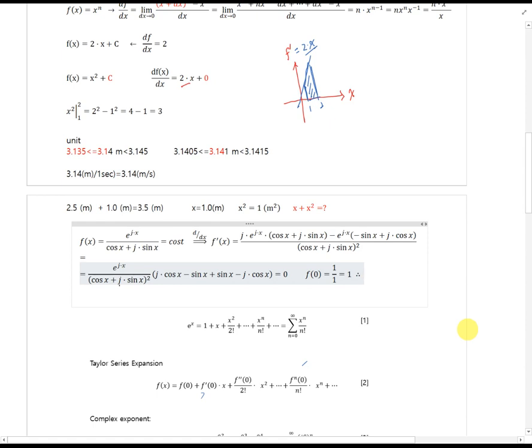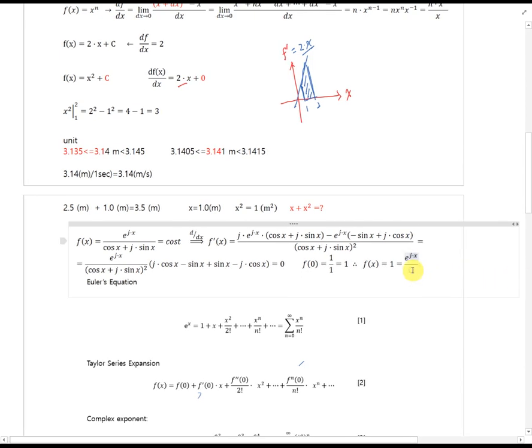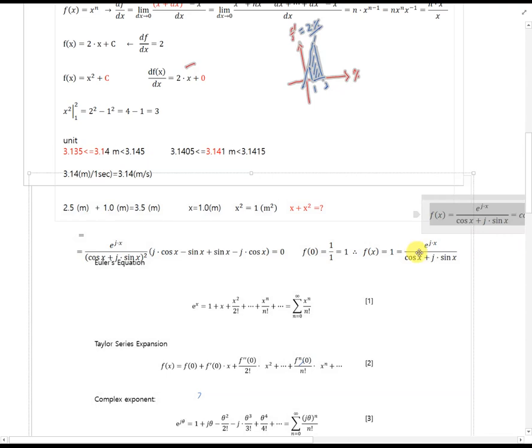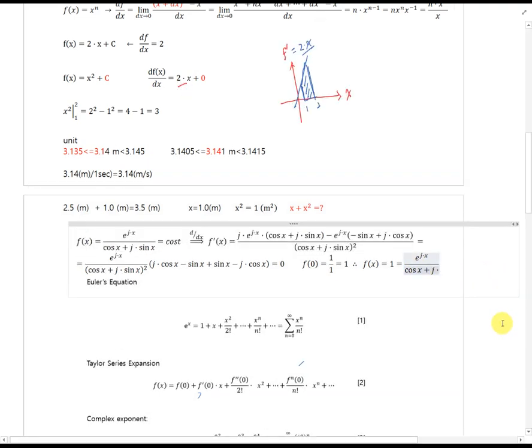f of x is 1, which means that e to the jx and cosine x plus j sine x are equal.